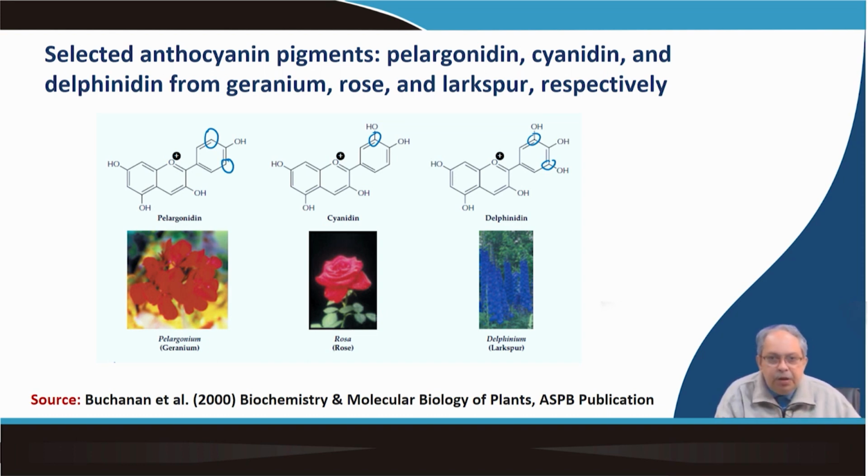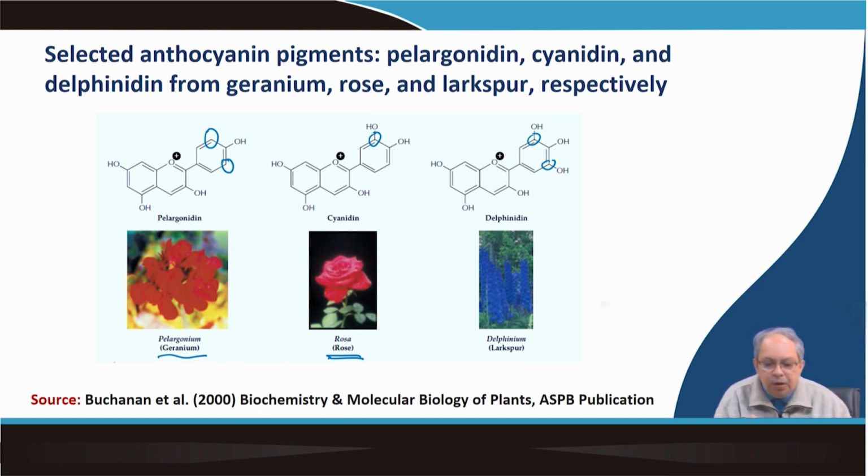Here there is a picture of geranium, which is pelargonium. There are multiple species, and cyanidin's common example is rose, and delphinidin you find in the plant commonly grown in this winter season, called larkspur, which is the English name, but the scientific name is delphinium. That produces blue flowers.